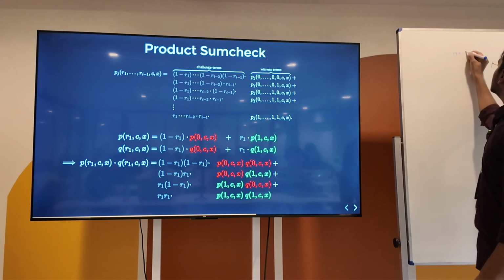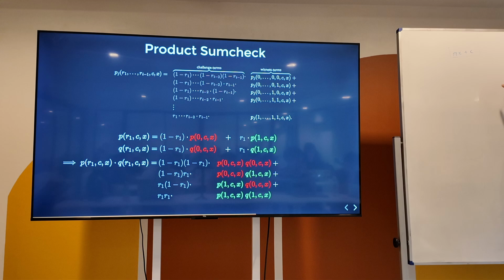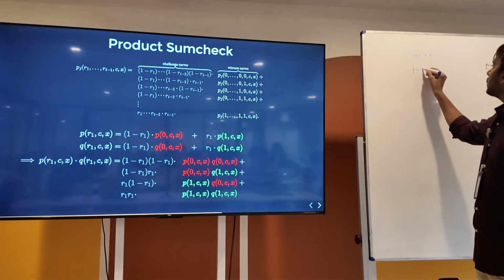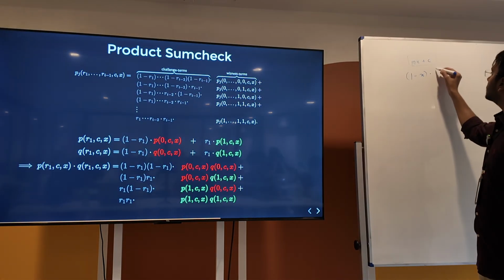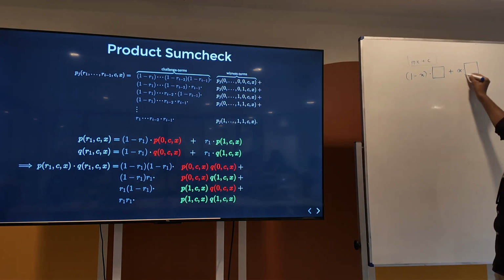Typically, you see linear polynomials of this form, right? So mx plus c, where m is slope and c is intercept, and so on. But in the case of multilinear extensions, we have this particular form: this multiplied by something plus x multiplied by something.